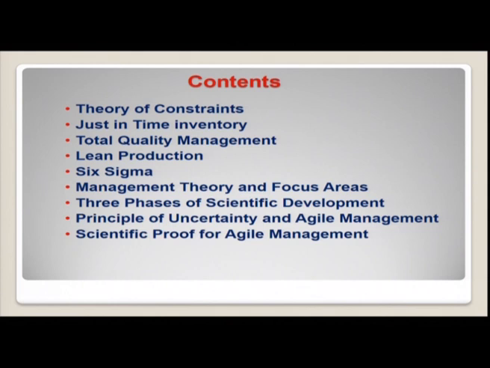That is what the management theory and focus area will speak about. Then we will see the three phases that led to the scientific development, and the principles of uncertainty and agile management, and we will see the scientific proof for the coming of agile management.